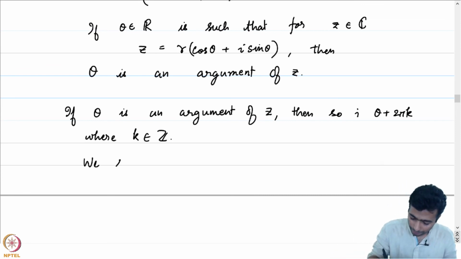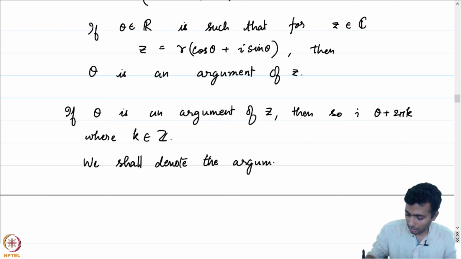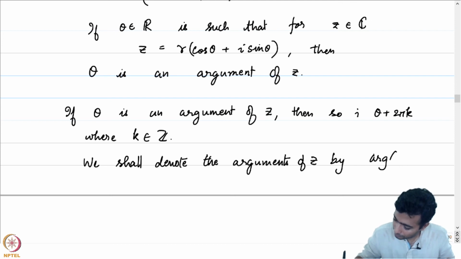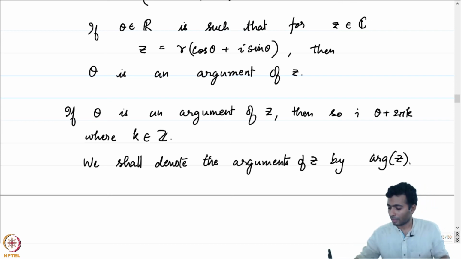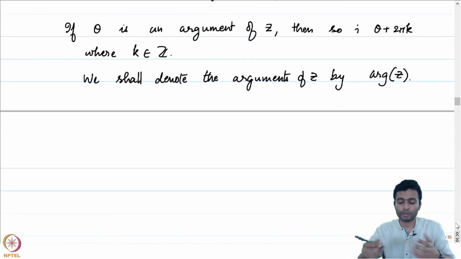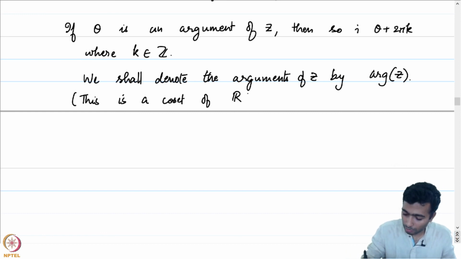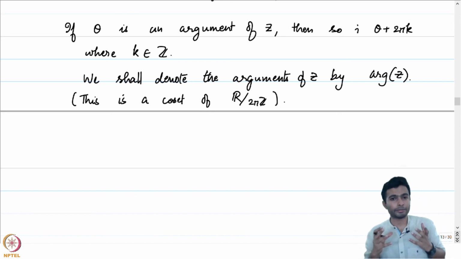So we shall denote the arguments of z by arg of z. The above remark can also be said in an algebraic manner: this is a coset of the additive group R mod the cyclic group generated by 2 pi. So the argument can be thought of as a coset here.